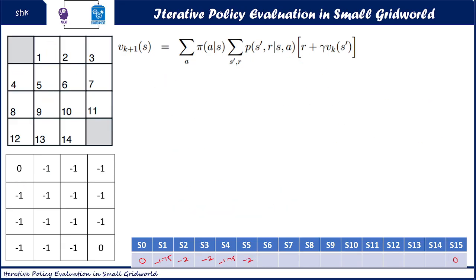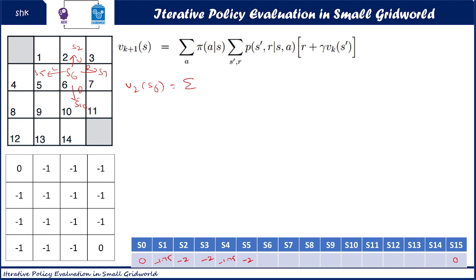So now we will write V2 of S6. The value function for the state S6 we will write as V2 of S6. Now when we are in S6, left action falls to S5, right action changes to S7 state, for up action the next state is S2, for down action the next state is S10.